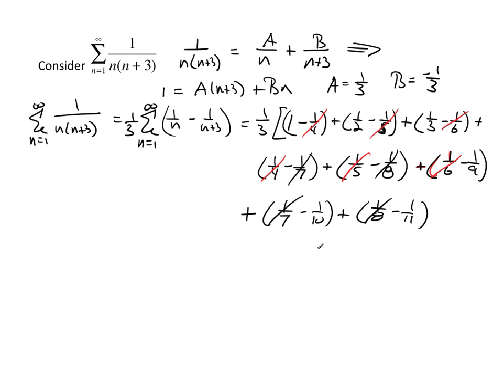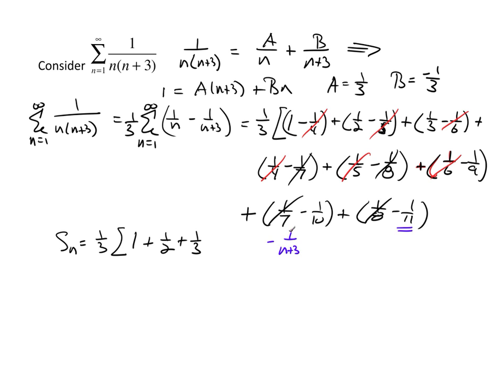So if I try to consolidate this, it looks like once I get out here that S_n is going to be equal to 1/3 times what's left. I have 1 plus 1/2 plus 1/3. And I'm going to stop there because clearly the 9th is going to cancel out in the next term. And if I look at this for a second, this last term is going to be a negative 1 over n plus 3.